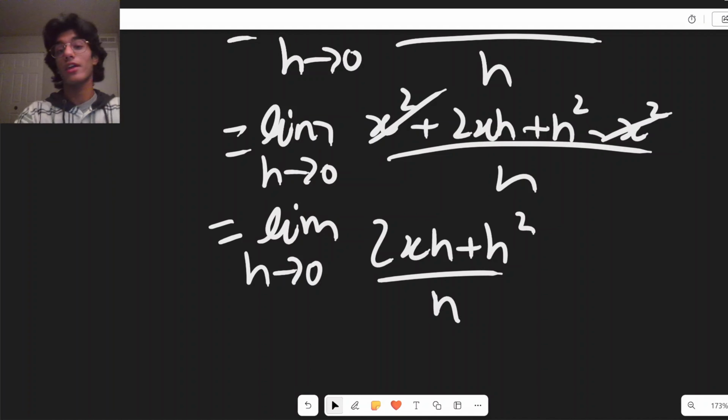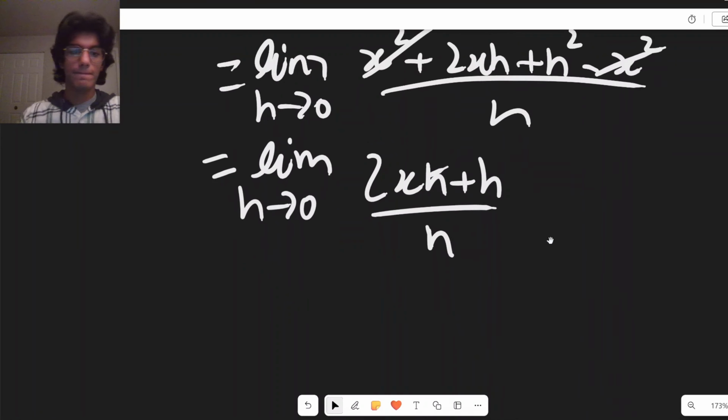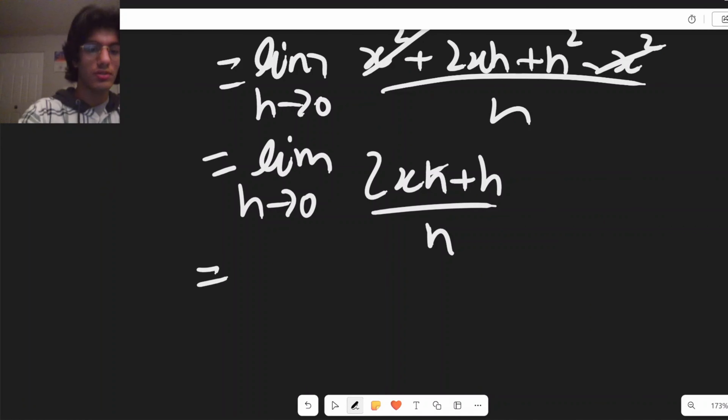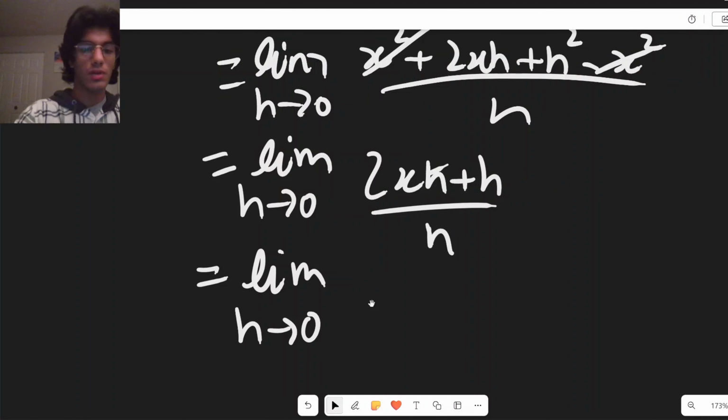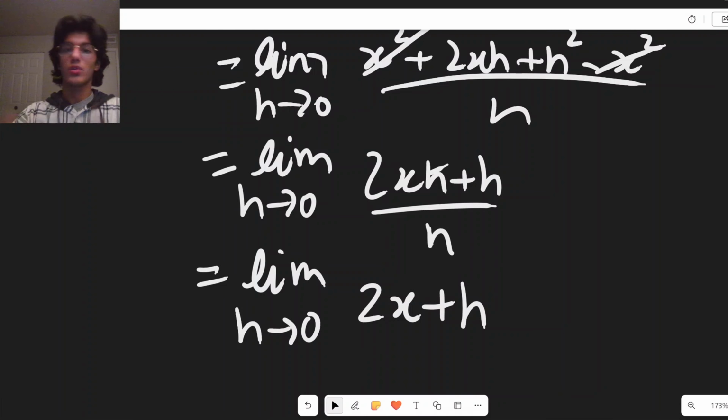Okay, you can factor out an h, and we just have one h left. So then from there, we get the limit as h approaches 0 of 2x plus h. Now we can just do a direct substitution, and we get 2x. Boom.